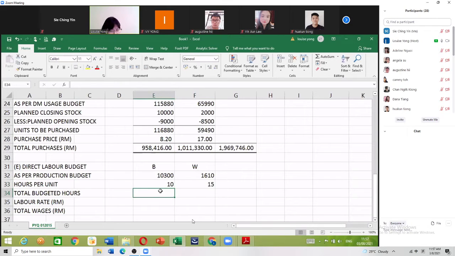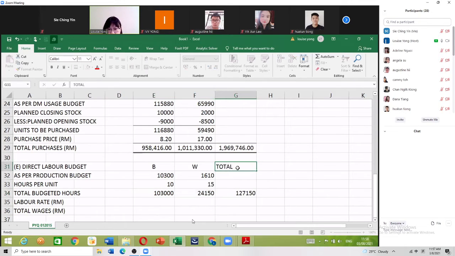How many total budget hours? Okay, 10300 multiplied by 10. Then after that for W, what will be your total? So this is your total. What is your labor rate?